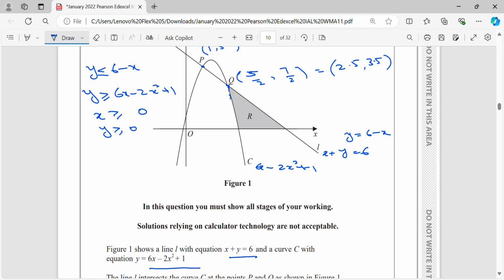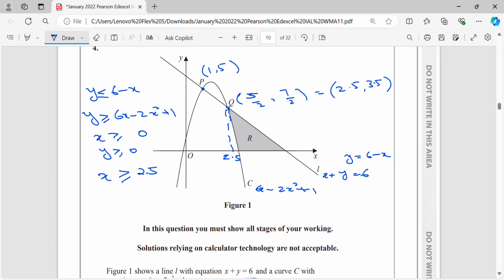There is one important point: at this point the value of x at Q is 5/2, which is 2.5. So you can say that x is greater than or equal to 2.5. At this point the value of x at P is 1, so you can also write x is greater than or equal to 1. Anyway, when we look at the common shaded region, we will get this region, the shaded one.